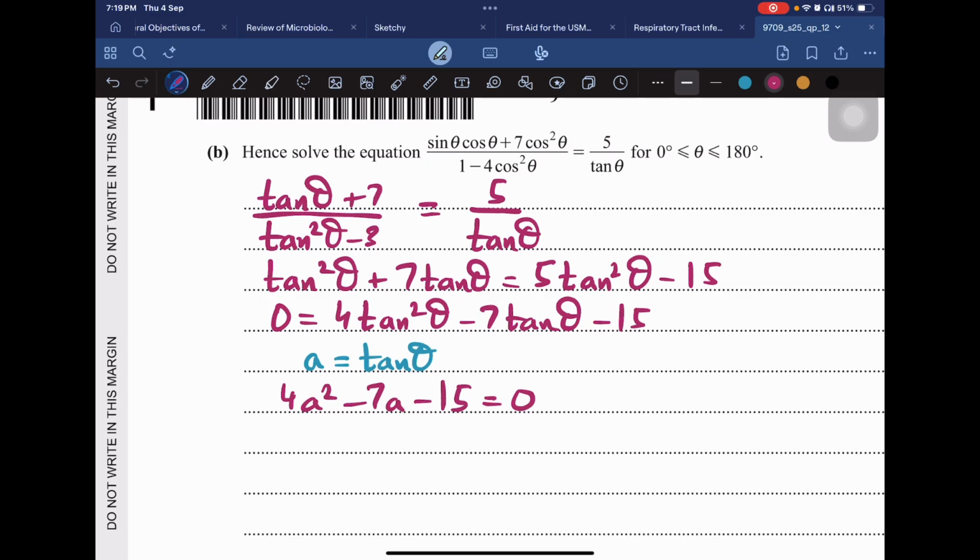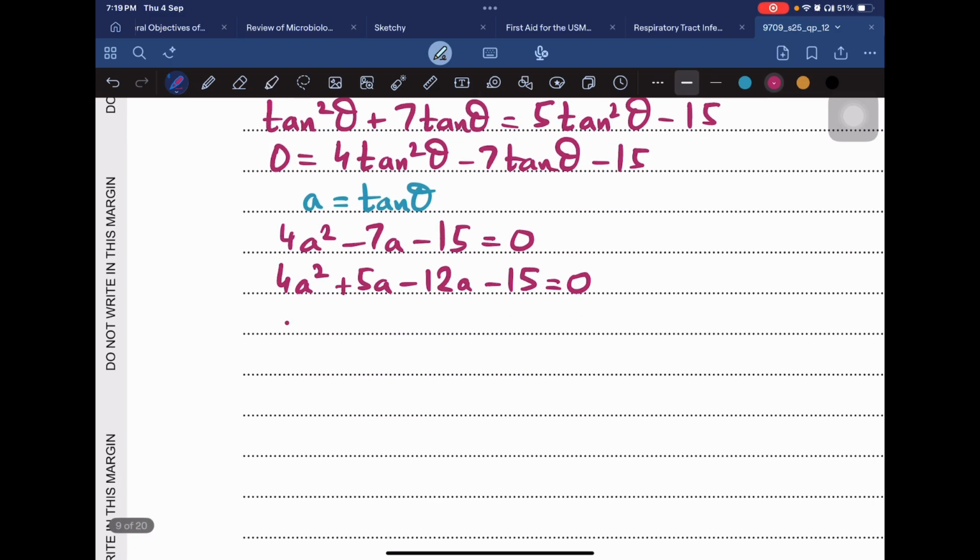Need to break the middle term over here. So 4 times 15 is 60, and 5 times 12 is 60. Okay, so we can break negative 7a as positive 5a minus 12a, minus 15 equals 0. If I take a common from the first two terms, I'll get 4a plus 5.